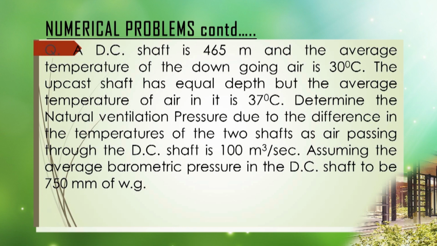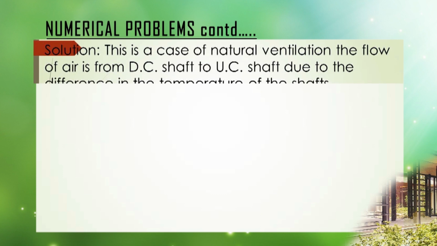Determine the natural ventilation pressure due to the difference in temperature of the two shafts, as air passing through the downcast shaft is 100 meter cube per second, assuming average barometric pressure in the downcast shaft to be 750 mm of water gauge, another unit of pressure. This is the case of natural ventilation.